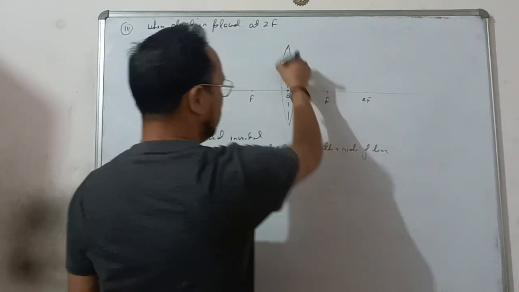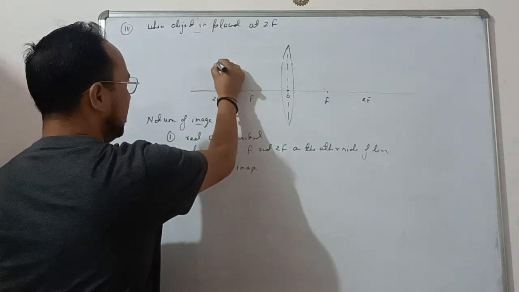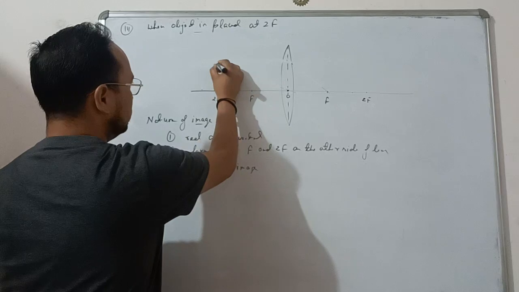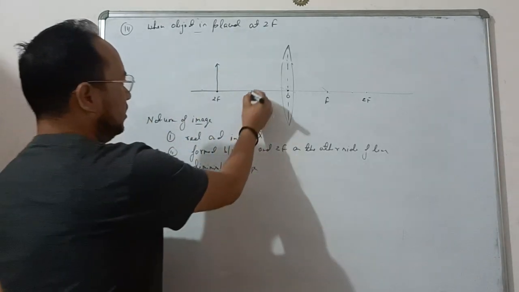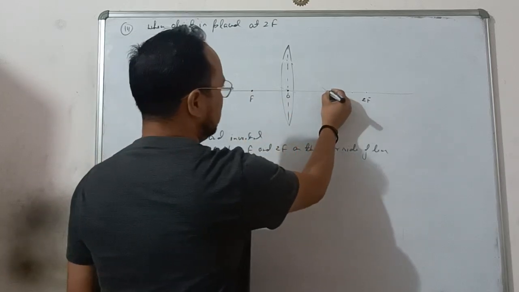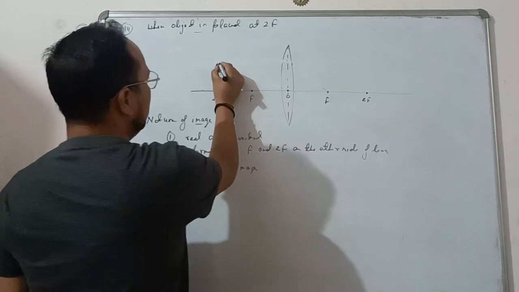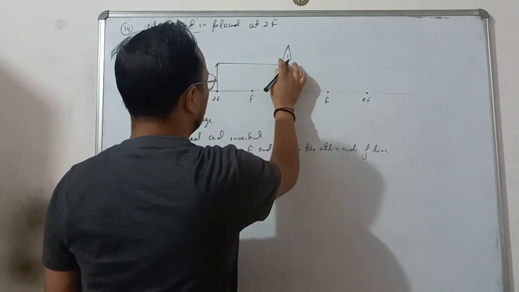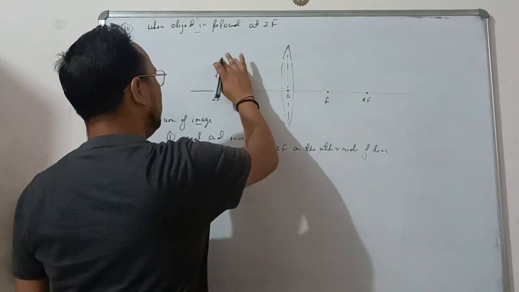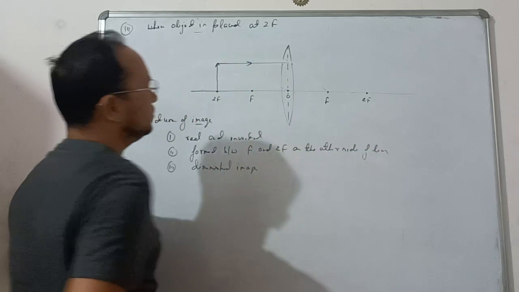Similarly, this is the focus, this is the convex lens, and now the object is placed at 2f. This is our object. It is placed at 2f. This is the principal focus. This is also the principal focus. This is also 2f. Now, the first incident ray we will take should be parallel to the principal axis.